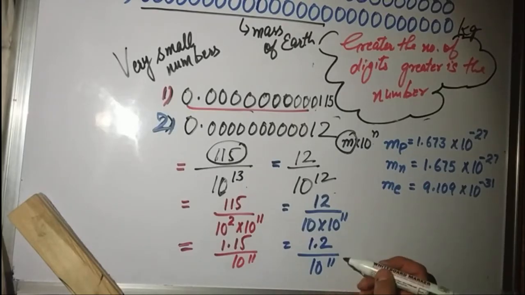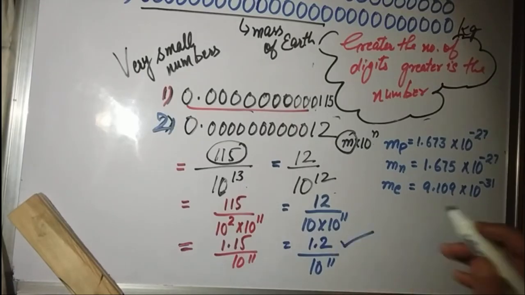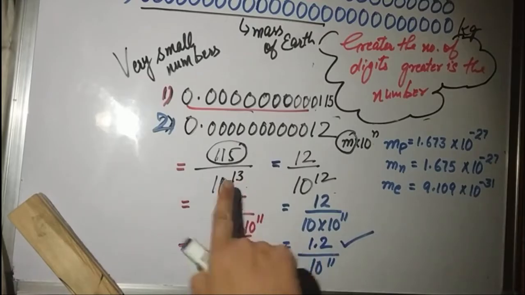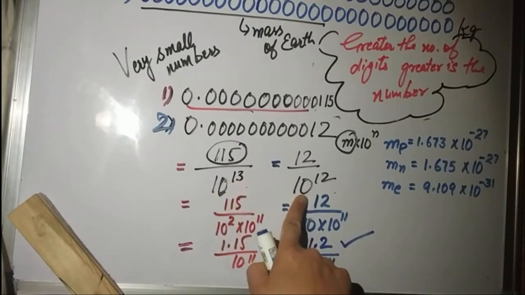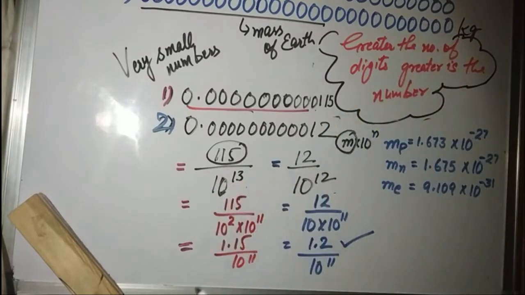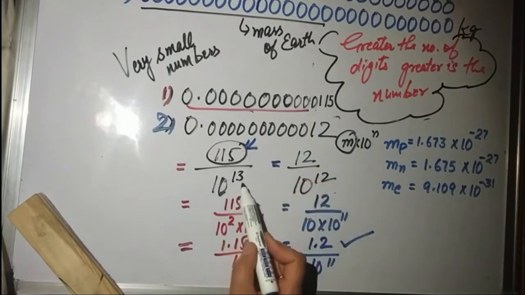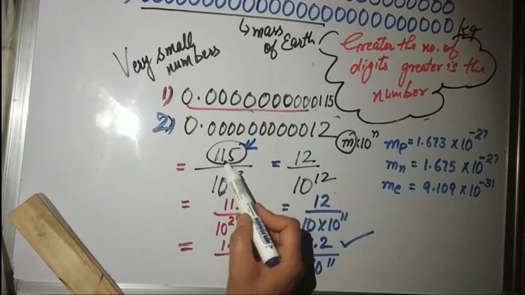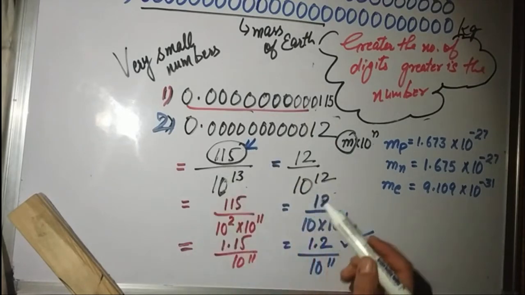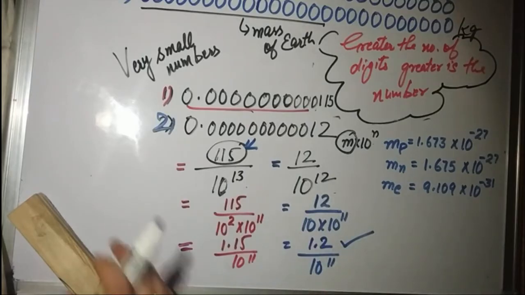It's 10 raised to power 11 and we are getting 1.15, and it's 10 raised to power 11 and we are getting 1.2. That means this is bigger. We were able to decide here also because the piece size is bigger. But still we had a confusion: maybe we are getting smaller pieces, but we are getting 115. Okay, so this one is greater.